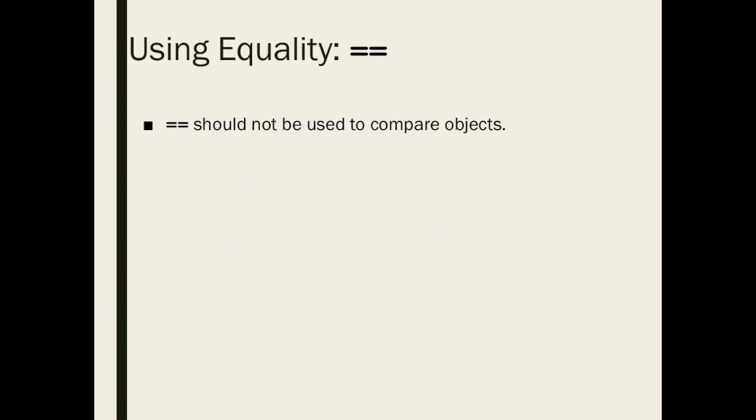We've also said that equals equals should not be used to compare objects. So suppose we have two different objects, S1 and S2, and let's say that these are string objects because that's what we're pretty familiar with right now. What's actually stored in S1 and S2 is their memory address, not the actual text of the string.